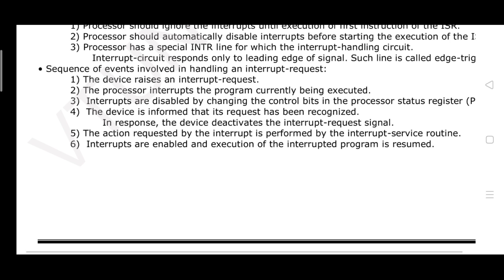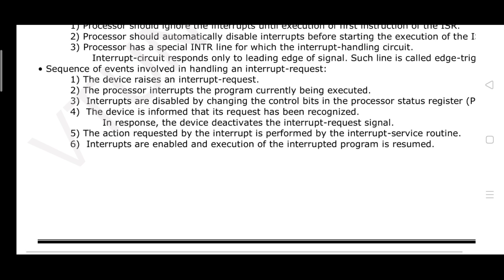Okay. The processor interrupts the program currently being executed because it has recently received the interrupt request from one of the devices. Okay, interrupts are disabled. This is what we just discussed, so the interrupt request line will be disabled. Interrupts are disabled by changing the control bits. Okay, the action requested by the interrupt is performed by the interrupt service routine. So the ISR does the required job, and interrupts are enabled back.